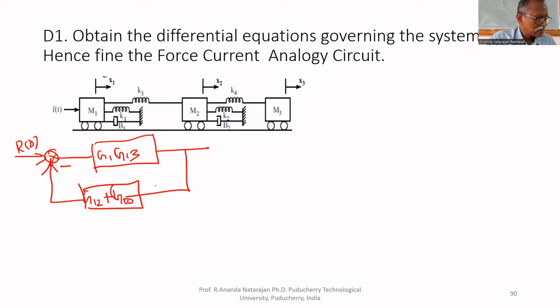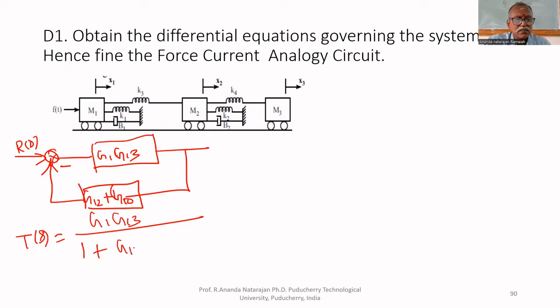Therefore, the final transfer function is T of S equal to forward path transfer function upon 1 plus G12 plus G10 multiplied by G1, G13. Now we have to substitute all these values.